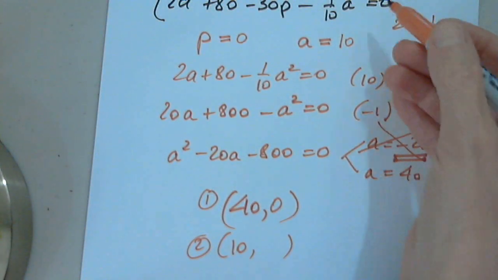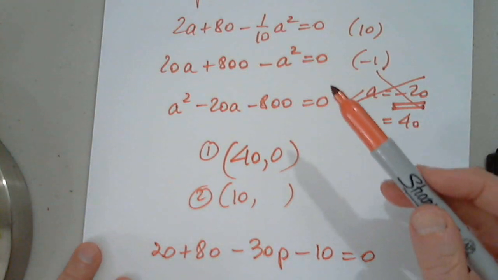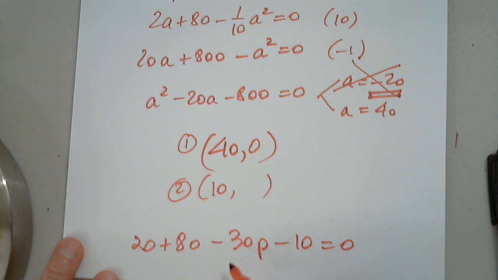And that equals 0. So now let's see what we have. So this is 100, but minus 10 is 90, and -30P equals -90, so P equals 3.